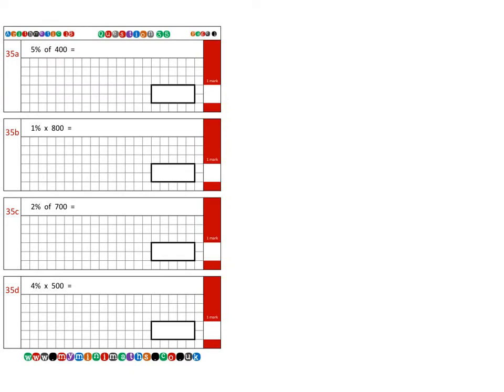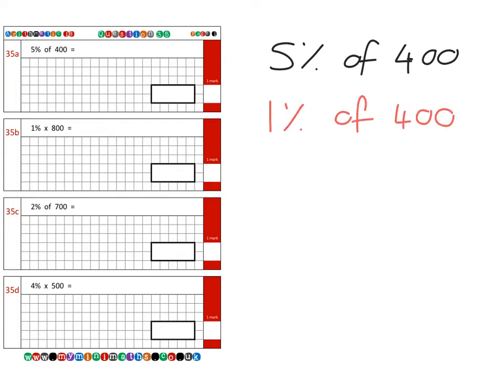We can also calculate the same question in a different way. So 5% of 400, and this is going to help you with the next three questions, 35b, c and d. What we can do is calculate 1% of 400 to begin with. Now 1%, as we know, is 1 out of 100, 1 per 100. And to do this, we divide by 100.